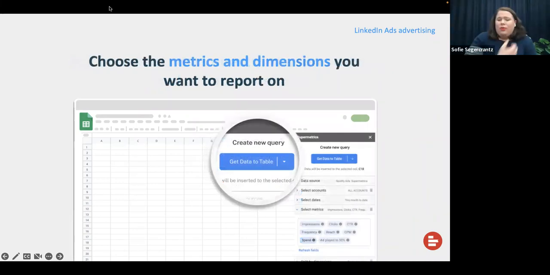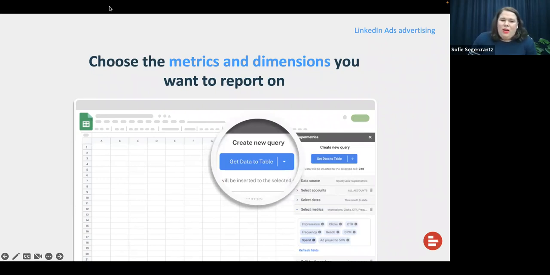We have this really cool sidebar where you log into the ad platform, then pick your metrics and dimensions and dates and filterings and all that good stuff.